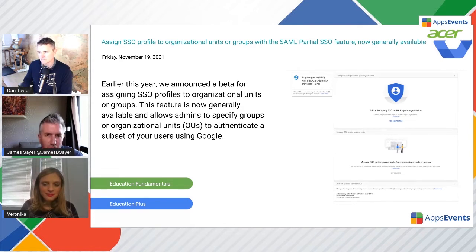So for example, if you've got contractors coming in to work on the domain, perhaps they're enabling a Chrome Enterprise upgrade, for example, you could enable SSO on Google for just a single OU within your domain. We'll share the link to this presentation in the description of this YouTube video, and you can click through to the relevant details.